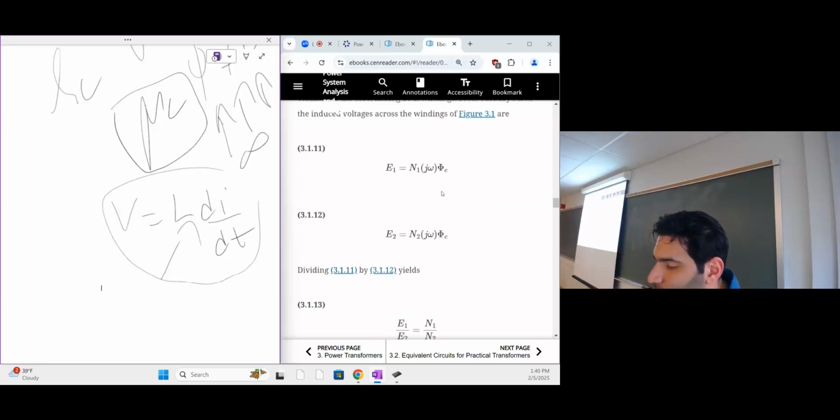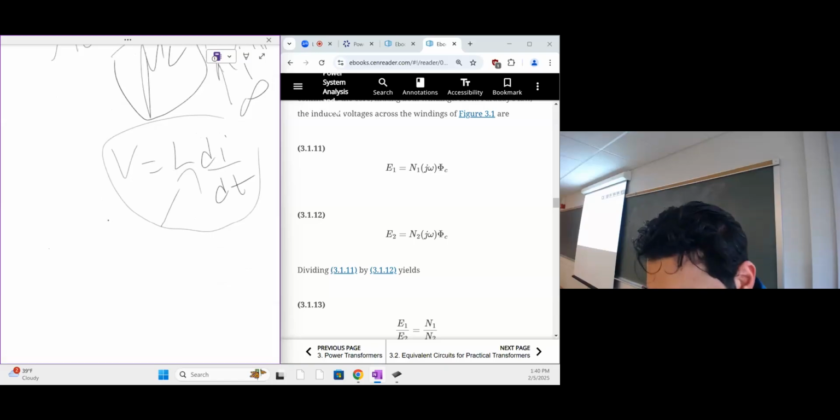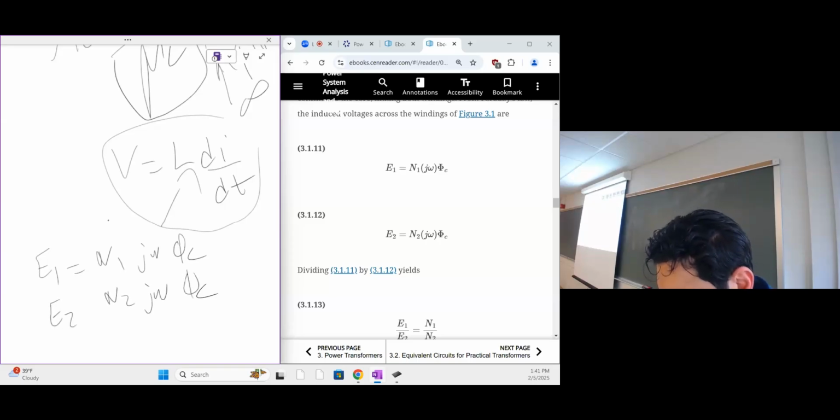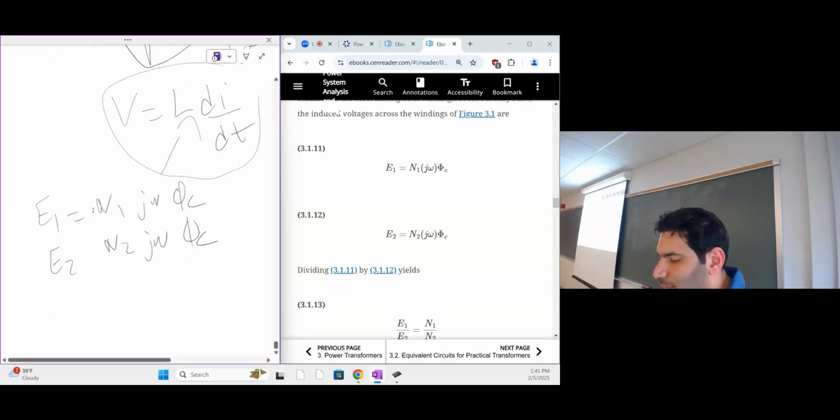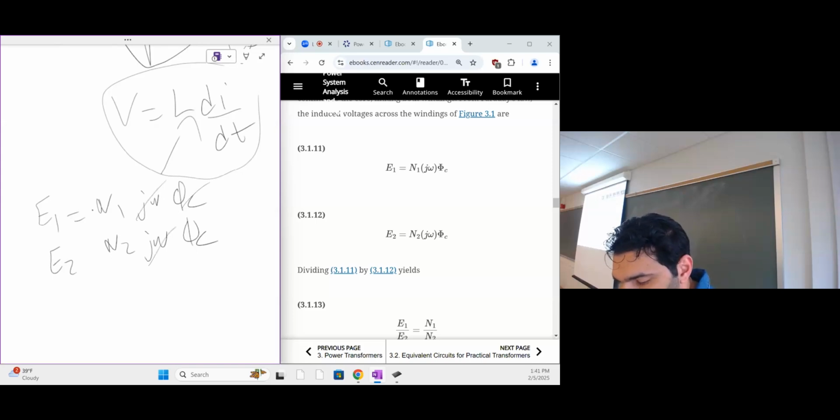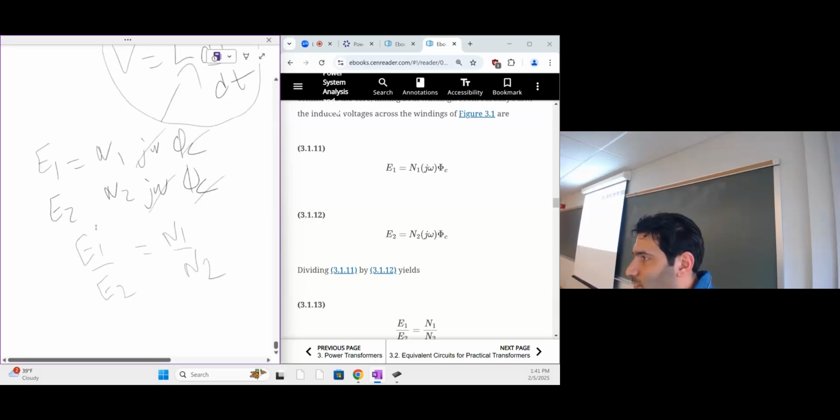Then, if we divide those equations by each other, we will get rid of j omega phi c. We will just have E1 over E2 equal to N1 by N2. Fair. We know that because the voltage ratios should be equivalent to the turns ratios.